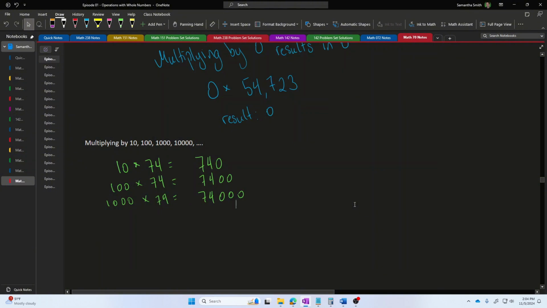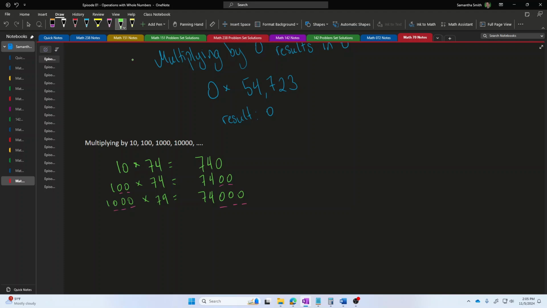So do you see the pattern that is emerging here? If I multiply by 10, which has 1 zero, then the result has an extra 0 compared to the original number, 74 with 1 extra 0. And if I multiply by 100, which has 2 zeros, then my result is just 74 with 2 zeros. And if I multiply by 1000, which has 3 zeros, then I get 74 with 3 zeros.